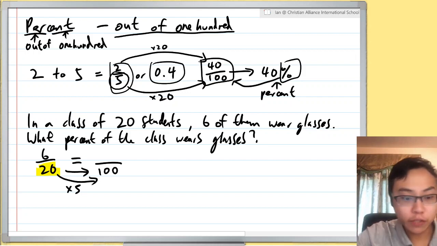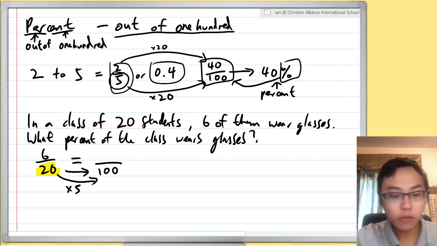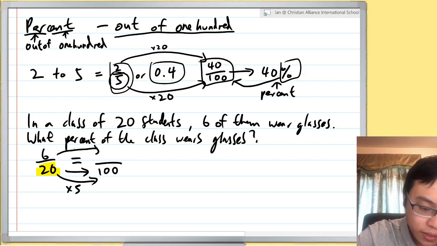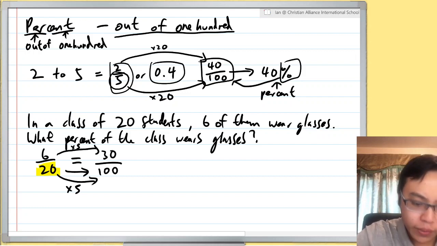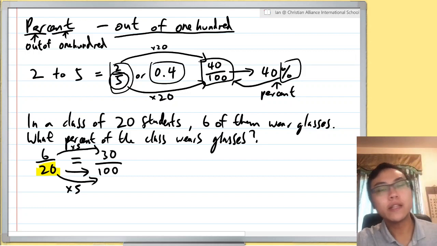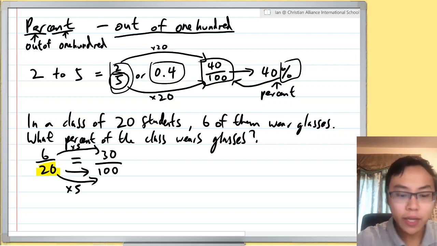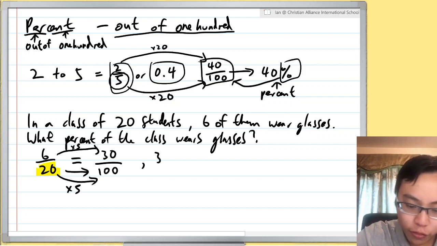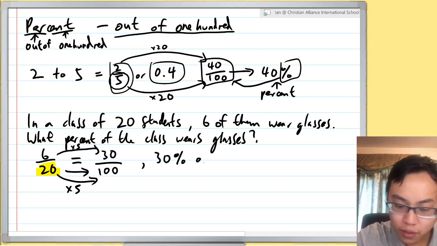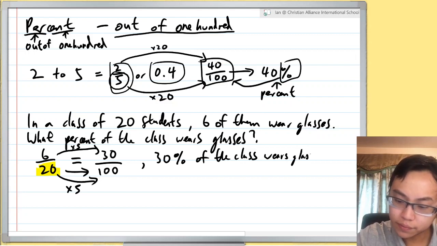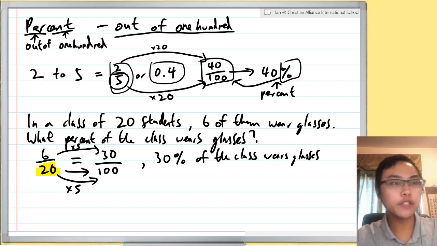We've learned previously in ratios how we can keep the same ratio. 6 times 5 is 30, so this is 30 out of 100. That's the same as 30%. We can write this as 30% of the class wears glasses. Hopefully we understand the meaning of it.